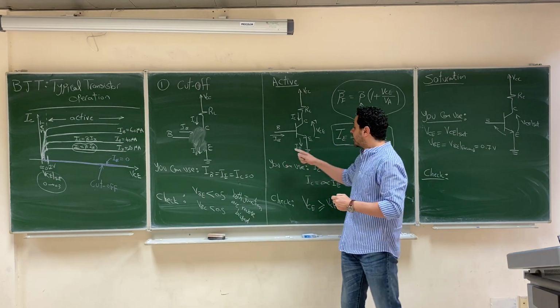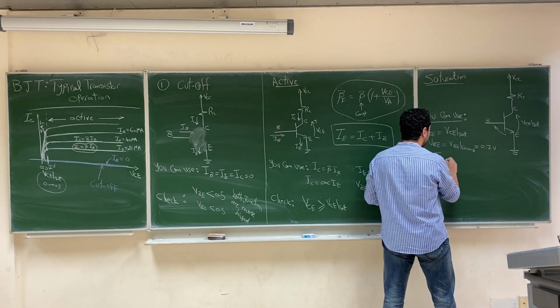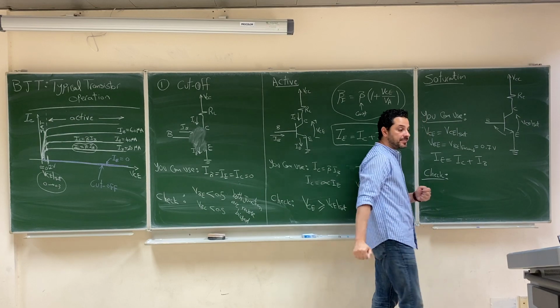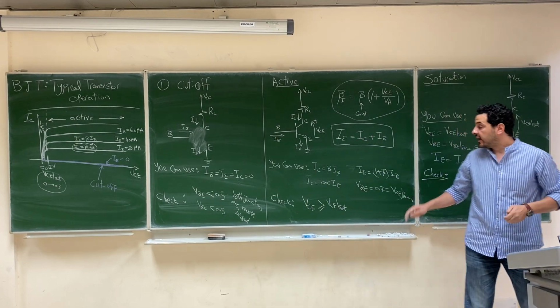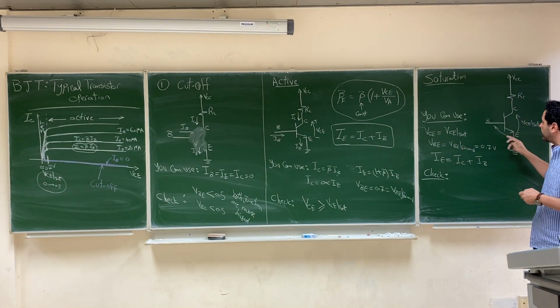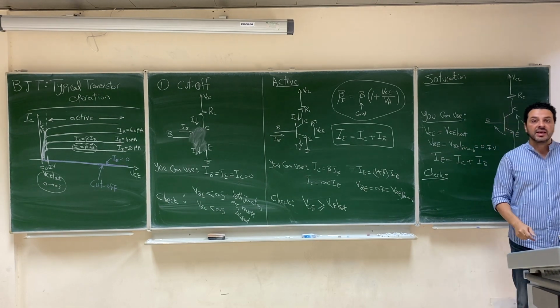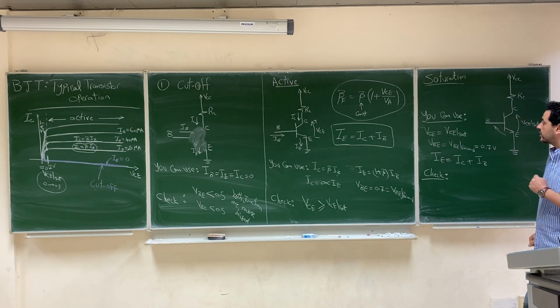What else can you use? You can use the general equation for the current, which is IE equals IC plus I base, right? So you can use this general equation in addition to VCE equals VCE saturation and VBE equals VBE forward, which is 0.7, in order to solve your circuit, and then at the end you have to check. How can you check for the saturation?